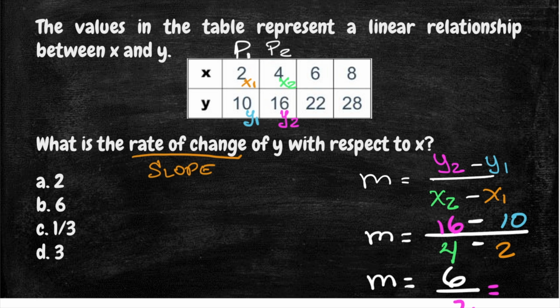So this is 6 divided by 2, which equals 3. So my slope equals 3. That means that my right answer is D.